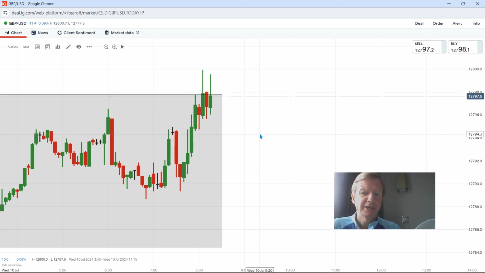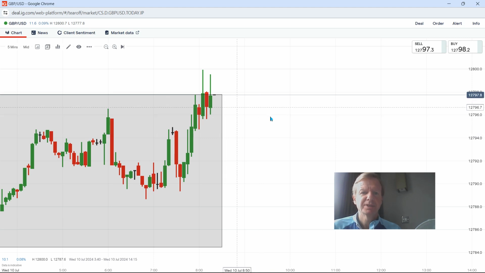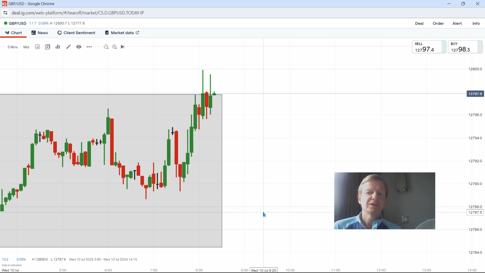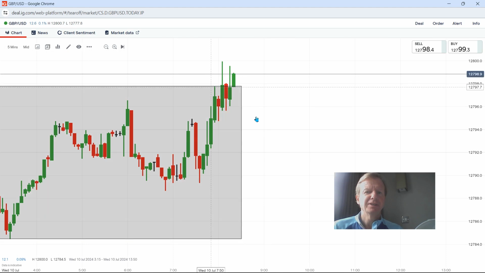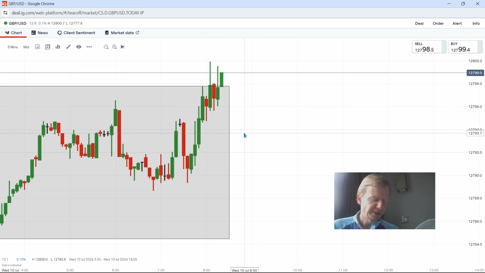And this is where you've got to be patient. See, it's come back down inside the box here. Again, it's gone up there. It still hasn't even reached that resistance level yet. So we wait. What else can I show you? See, look, now it's shooting back up. We've got to wait another 5 minutes.